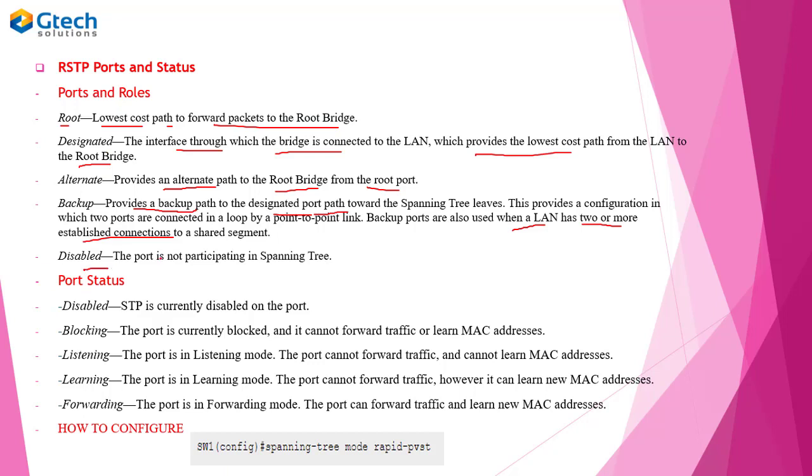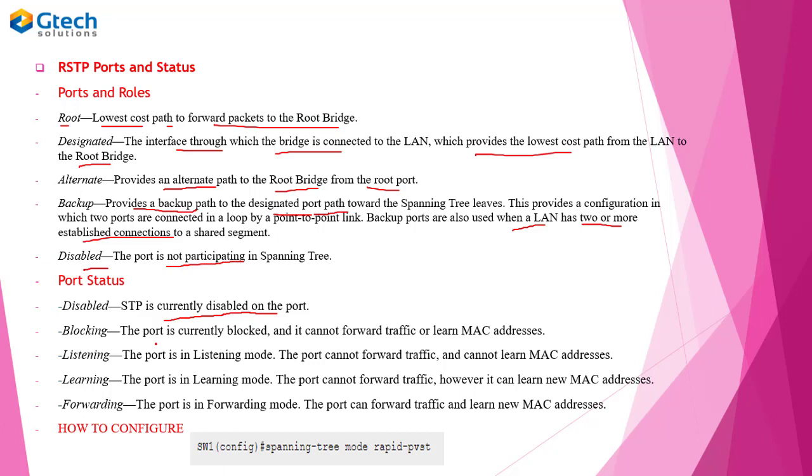A disabled port in RSTP means that port is not participating in spanning tree, right? Okay, so let's understand the status of ports in RSTP, right? A disabled status: a port is in disabled status when it's not participating in STP, right?